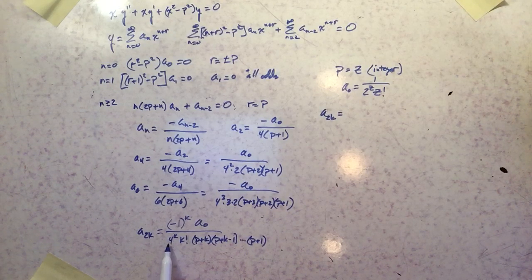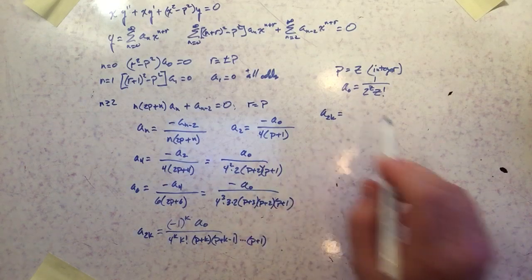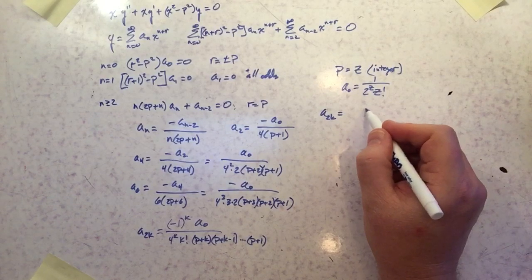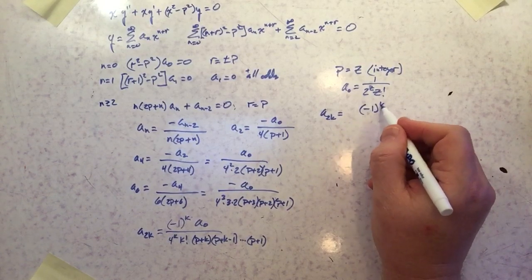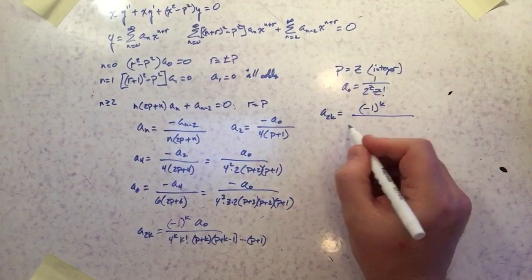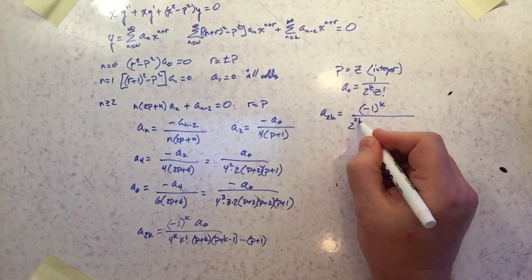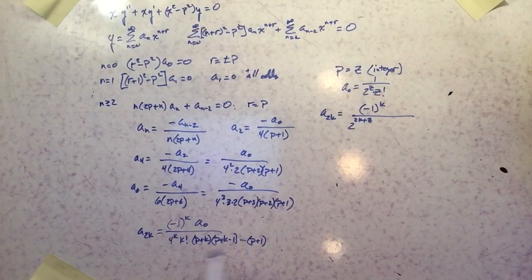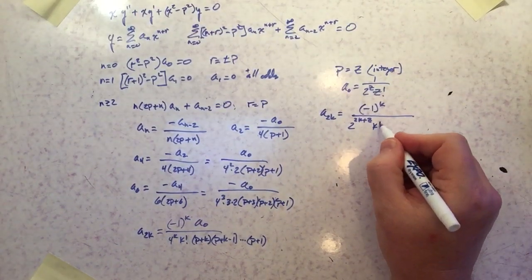So now it's 2 to the 2k plus z. That's the first item in the denominator. The numerator just has negative 1 to the k in it, because a naught is replaced. The next term is just k factorial, and that stays the same.